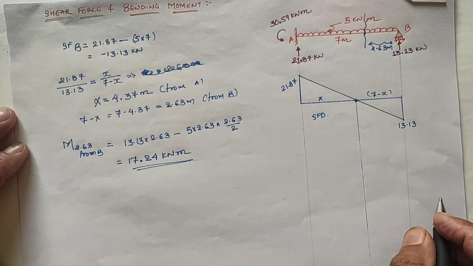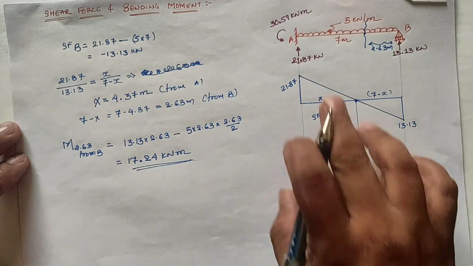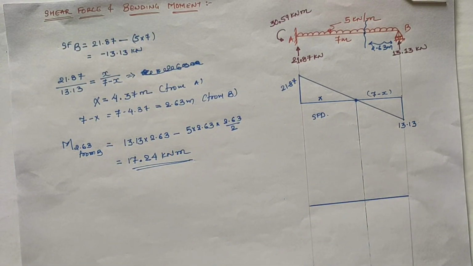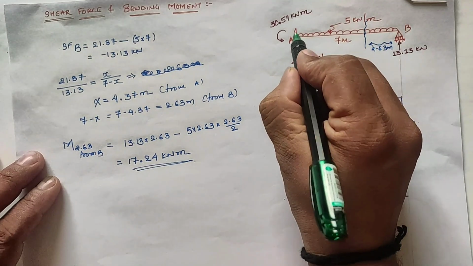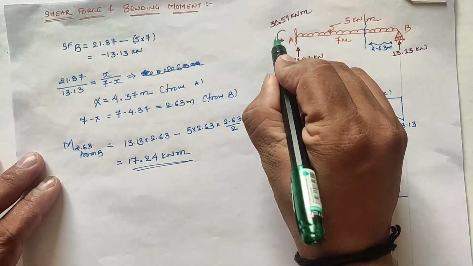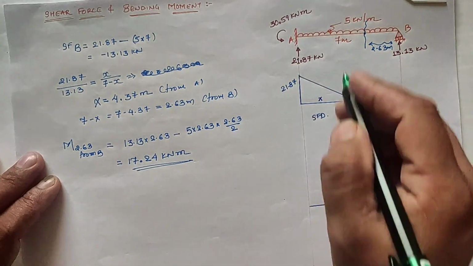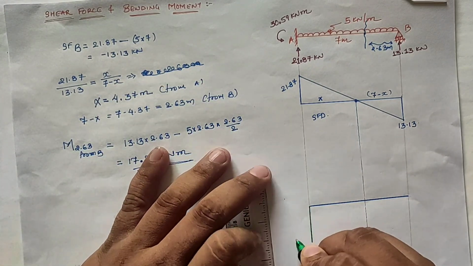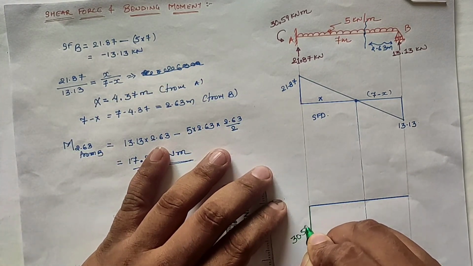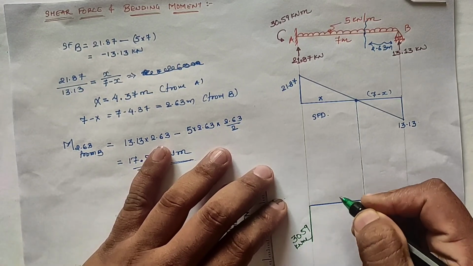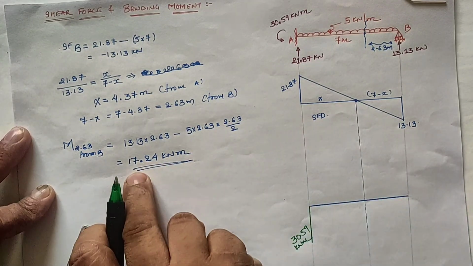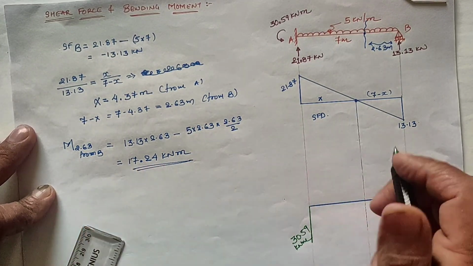Now let us go for the bending moment diagram of this given propped cantilever beam. We know that at location A our value is minus 30.59 kilonewton meter, so it is in the negative direction. And at the location of shear force 0, we will have positive 17.24 kilonewton meter.